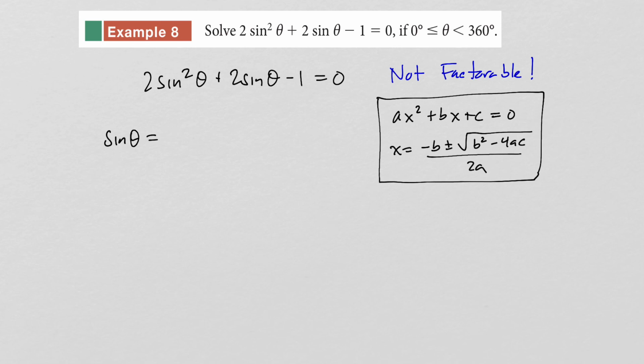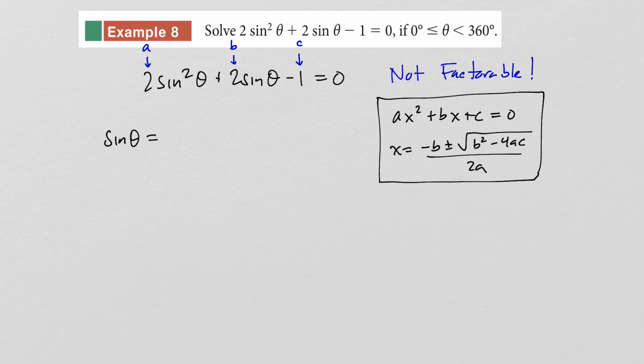And so if I go ahead and apply the quadratic formula to this problem, let's just notice that A is 2, B is also 2, and C is negative 1. And I'm going to plug those numbers into the quadratic formula.